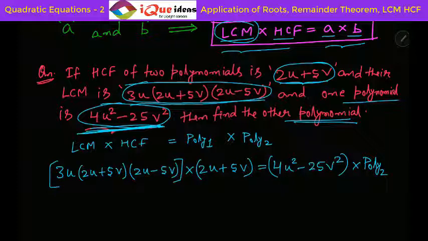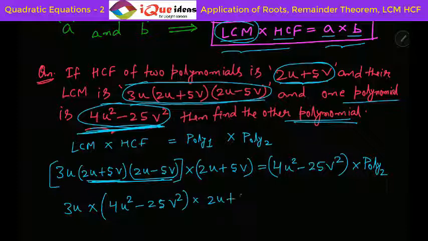Now here what we can see is that if I simply multiply (2u plus 5v) and (2u minus 5v), this will become 4u square minus 25v square. So 3u into (2u plus 5v) into (4u square minus 25v square) is equal to (4u square minus 25v square) into polynomial 2, right?